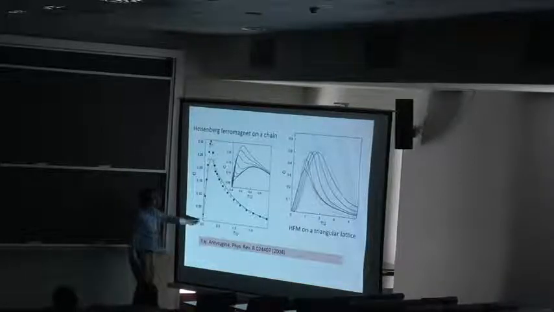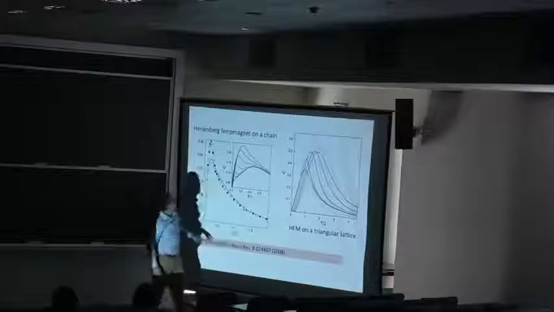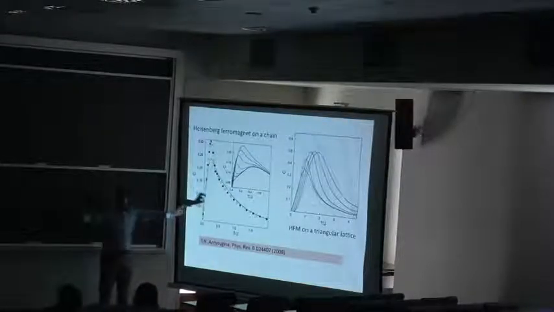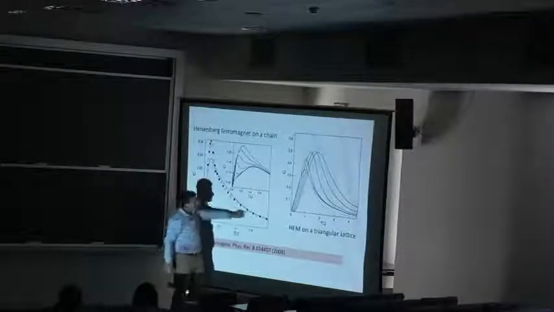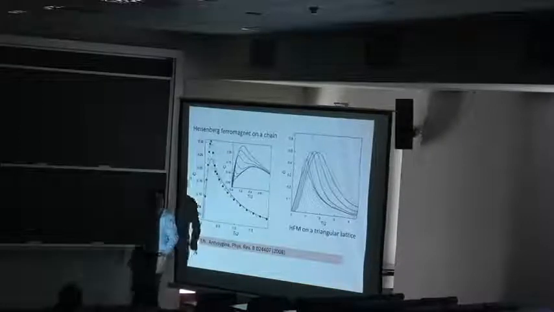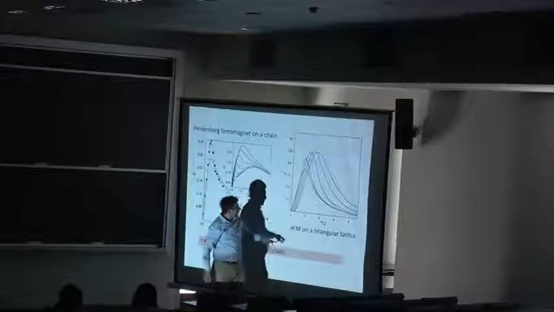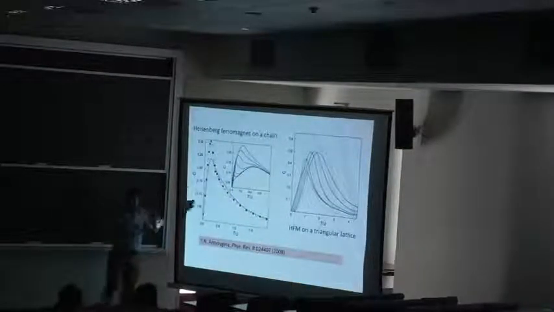But this is one example of a heat capacity versus temperature for a single 1-dimensional chain of ferromagnetic atoms. Okay, this is something strange. We should be able to derive this theoretically. This is the heat capacity graph for a Heisenberg ferromagnet on a triangular lattice.